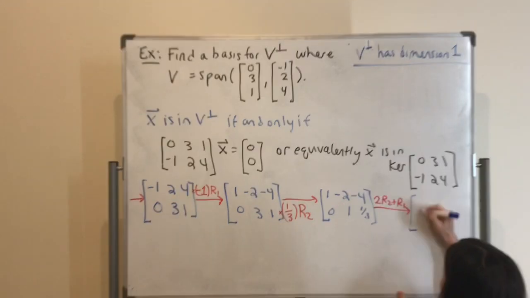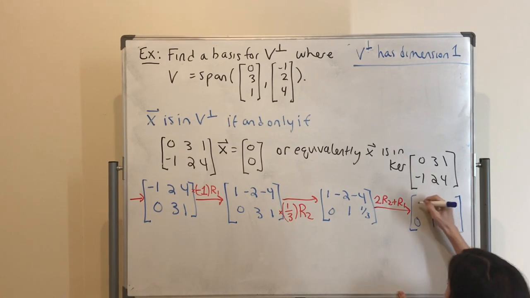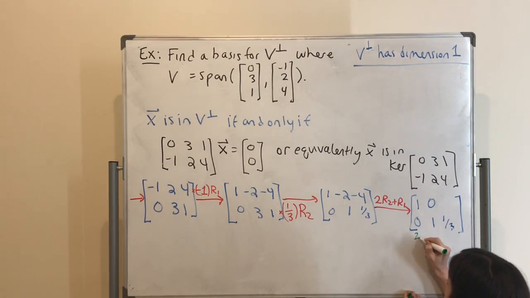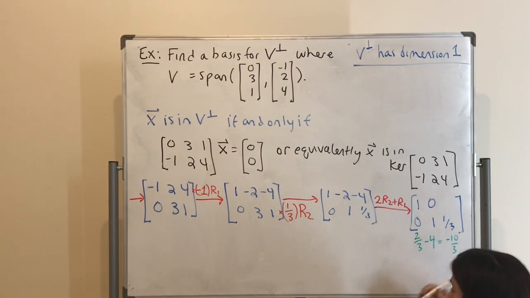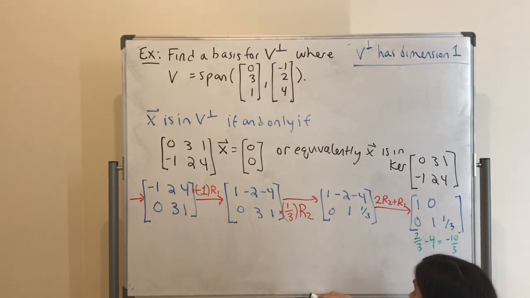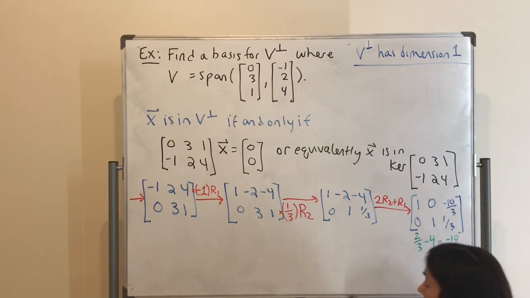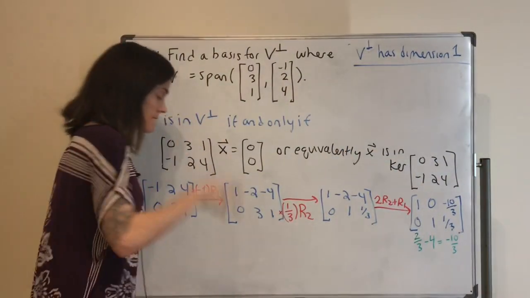Row 2 has not changed. Row 1 is 1, 0, and now comes fractions. It's going to be 2/3 minus 4, which is 2/3 minus 12/3, so minus 10 over 3. This is this entry here. You see, my third column corresponds to a free variable.